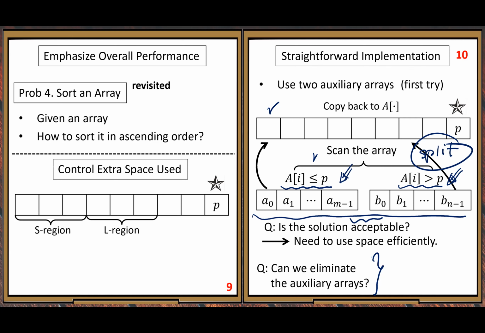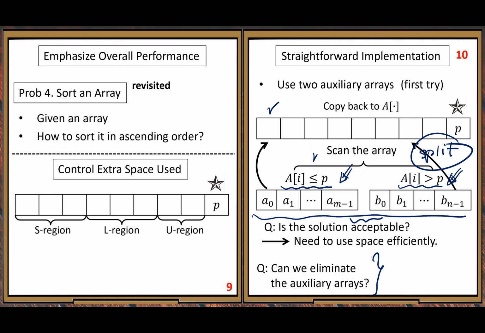All the elements in the L region are larger than P. During the working process, there are some locations we call the U region, for unprocessed, because we need to process elements one by one. So we need to consider those elements that have not been processed, and we use the U region to represent them.